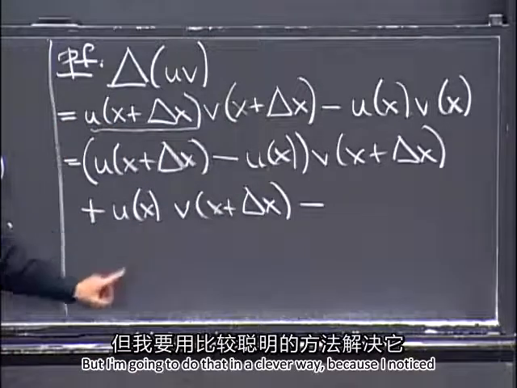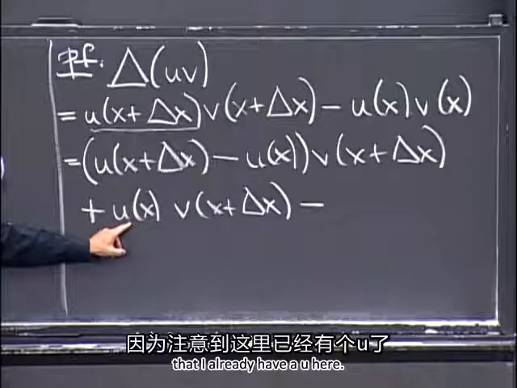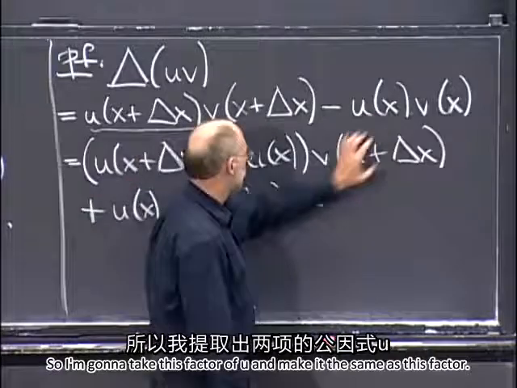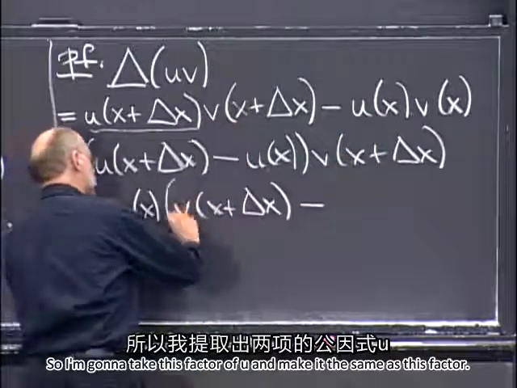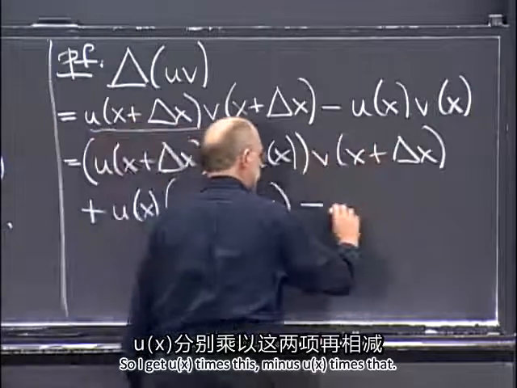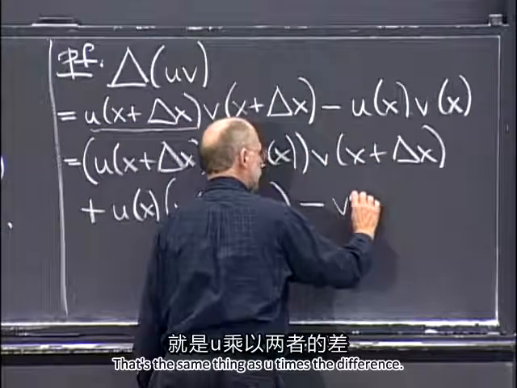But I'm going to do that in a clever way because I notice that I already have a u here. So I'm going to take this factor of u and make it the same as this factor. And so I get u of x times this minus u of x times that. That's the same thing as u times the difference.